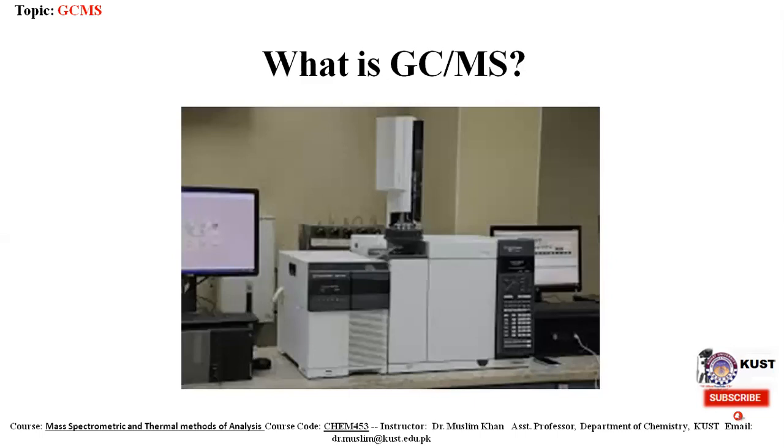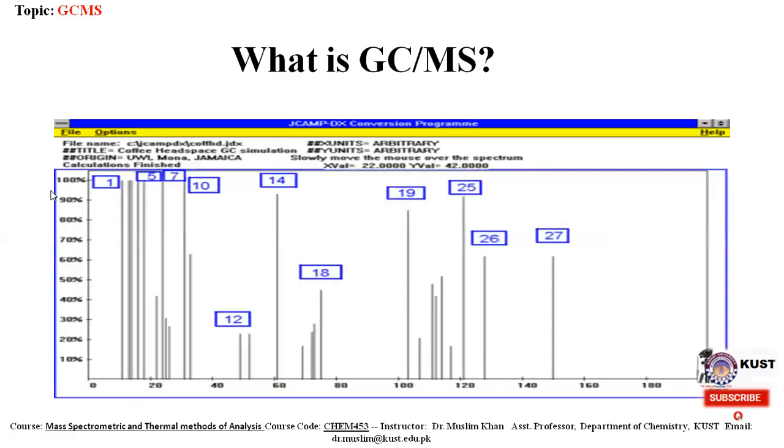This is how a benchtop GCMS system looks like. This GC is connected to a mass spectrometer. This is how an online GCMS system looks like. And this is the spectra we are getting from GC. We are getting, at the same time, a chromatogram from GC.